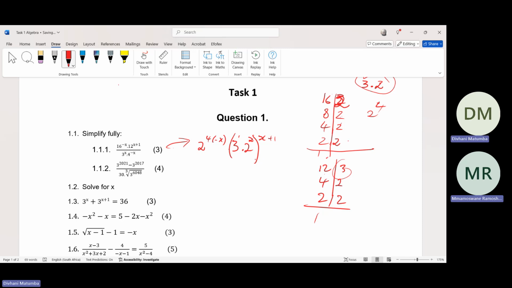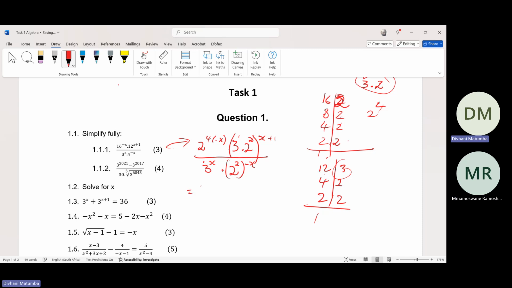Yes, sir. Okay. Then all over 3 to the power of x times 4, which is not a prime. How do we break it down? 4 divided by 2 is 2 to the power of 2. Yeah, it's 2 to the power of 2, negative x. That's perfect.